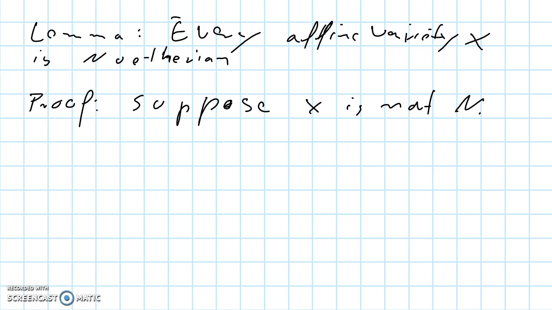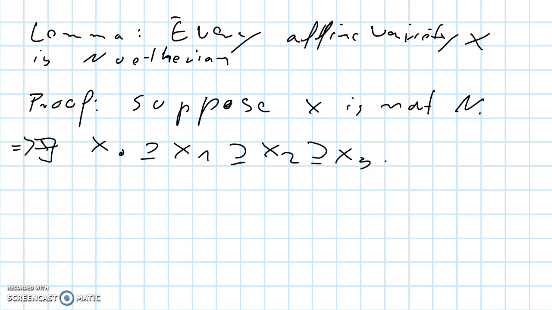So there is X0 strictly included in X1, which is in X2, and which is in X3, and so on. So this is this strictly decreasing chain.